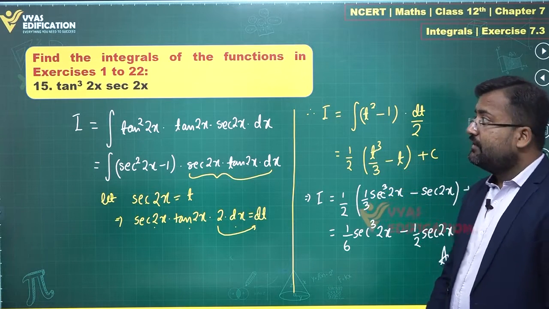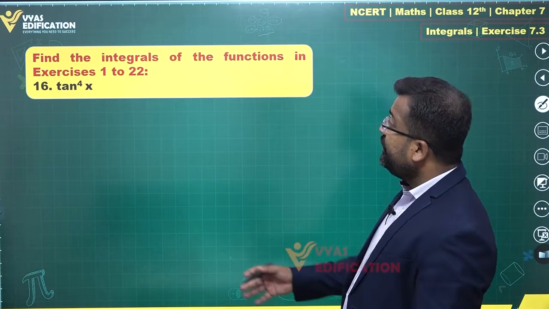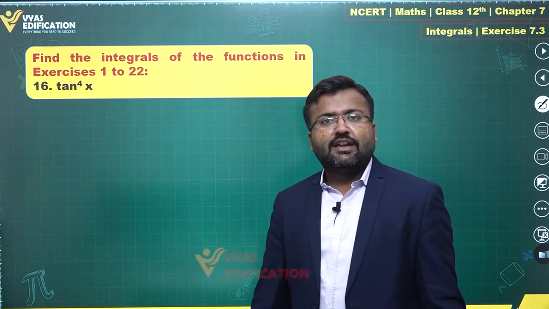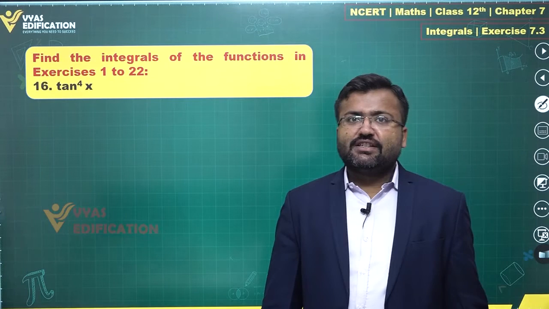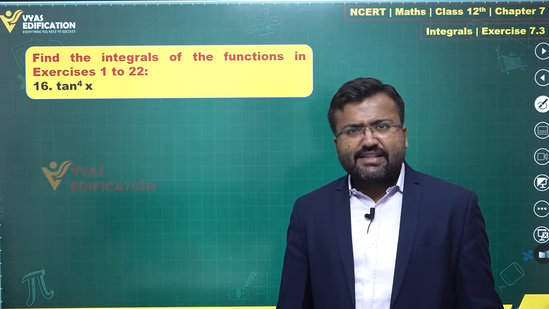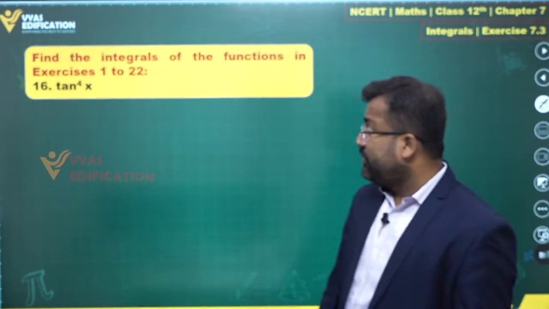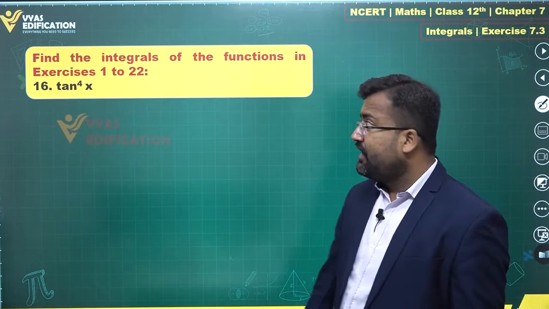15th question for us. The 16th question says that you need to integrate tan power 4 x. Now how do we do that? Okay, integral of sec square x is known. Integral of tan square x can be found with the help of sec square x. Now what do we do with tan power 4 x?